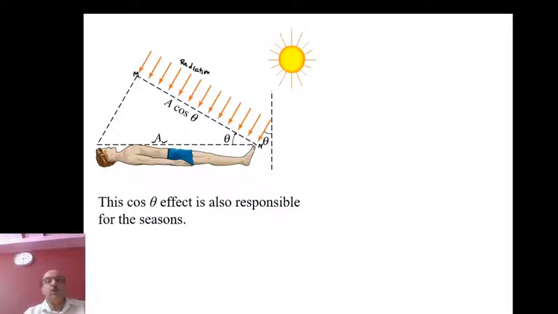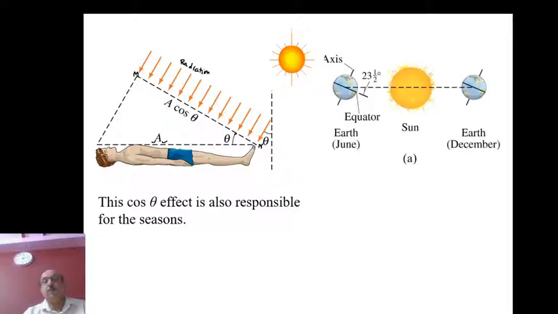Here we have two different positions of Earth when it is revolving around the Sun.